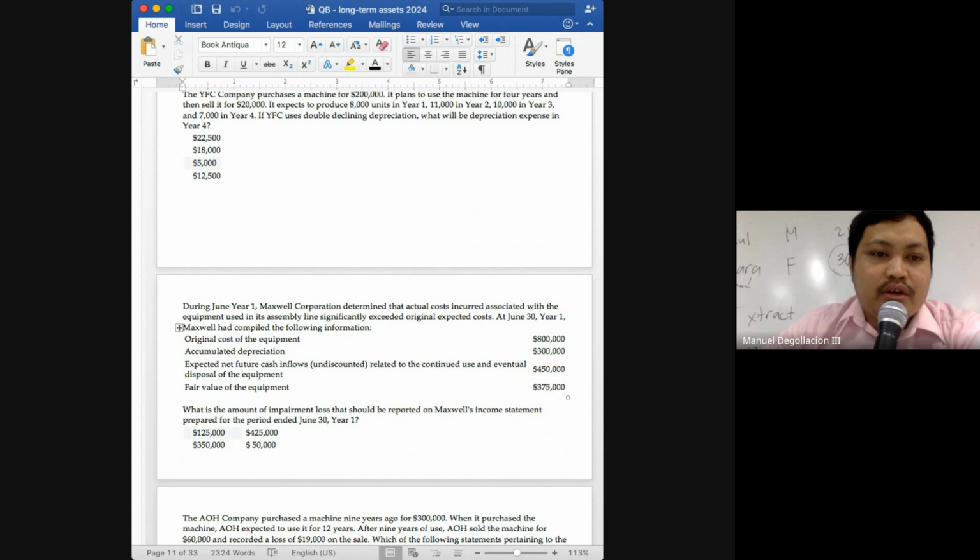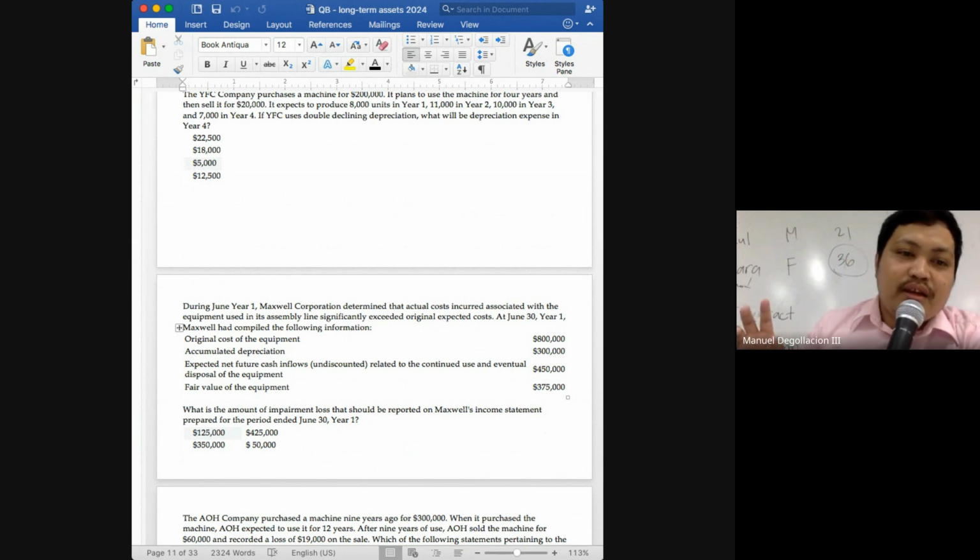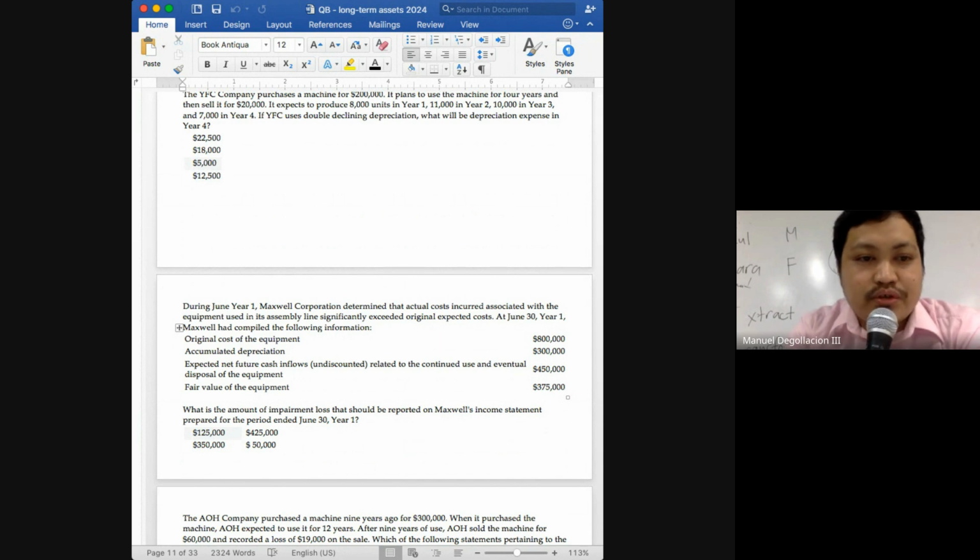Normally that would represent your carrying amount. Carrying amount is the amount in which the account is carried in the books. Book value, the value of the account in the books.